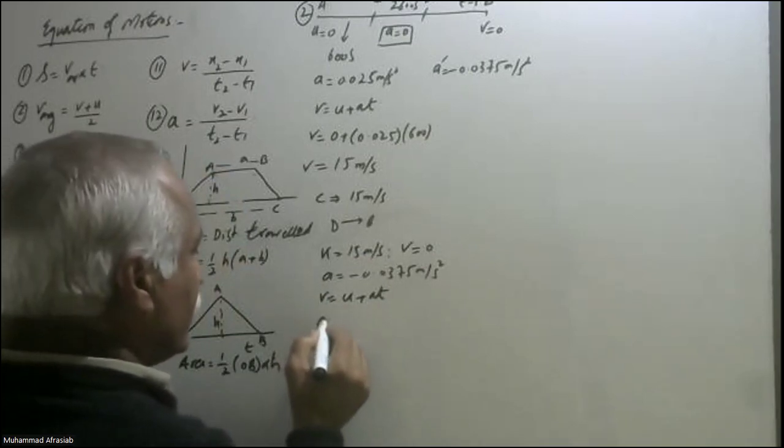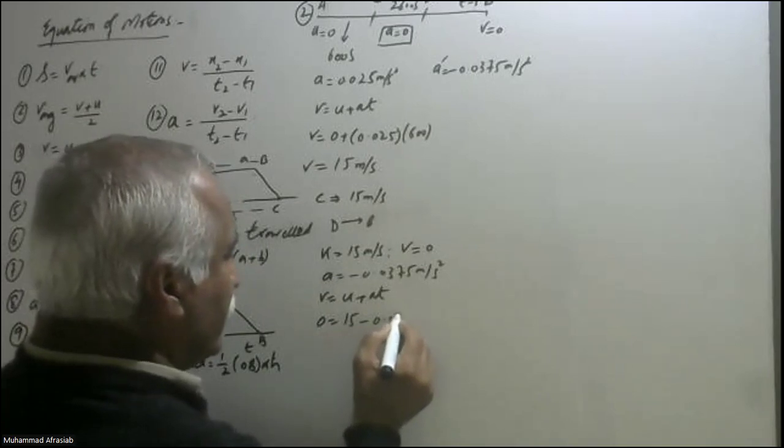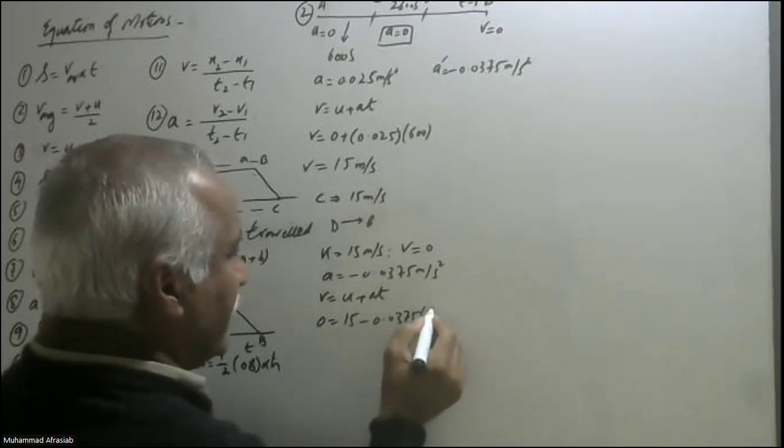V is equal to 0 there. U is 15, minus 0.0375 into time t.